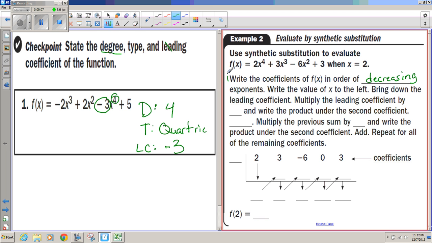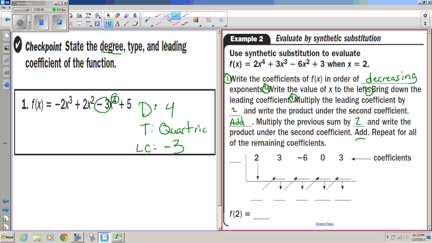So this is basically step 1, step 2, step 3, step 4. Multiply the leading coefficient by, we'll say 2, and write the product under the second coefficient. And then add. Multiply the previous sum by 2 and write the product under the next coefficient. Add and repeat for all remaining coefficients.